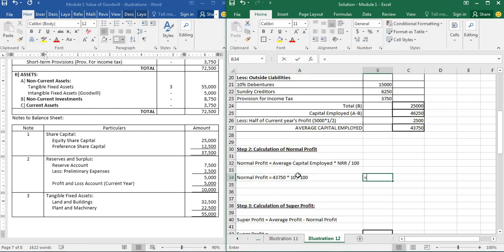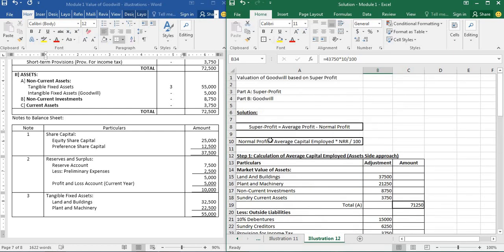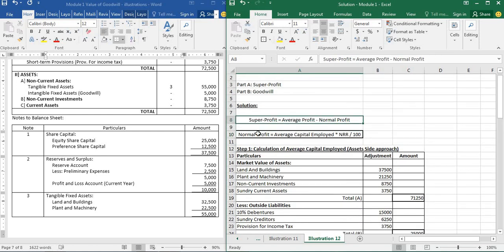So let us find out how much that will be. 43,750 into 10 divided by 100. We get 4,375. So we have found out our normal profit. Our normal profit is 4,375 rupees, which will now help us find out the super profit.